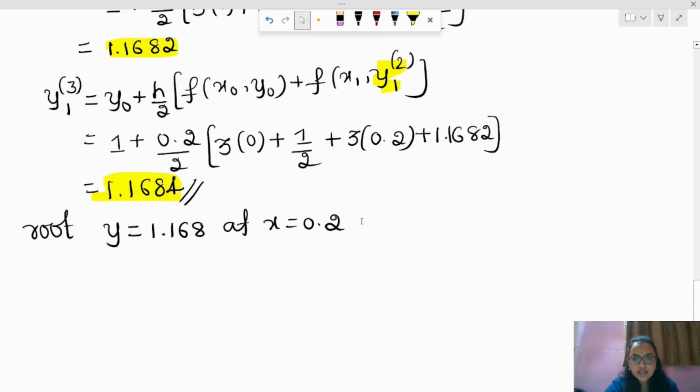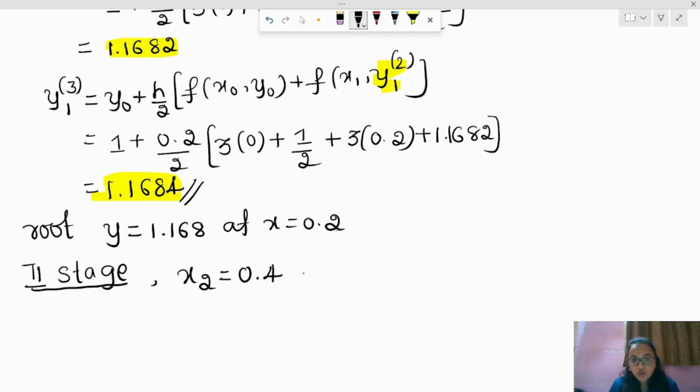Suppose they ask us for the second stage, the same formula we will apply, but we take x2 as 0.4, and at x2 equals 0.4 we need to find the value of y2. For this we apply the same set of formulas I defined previously. So this is how we solve the problem using Euler's method and modified Euler's method.